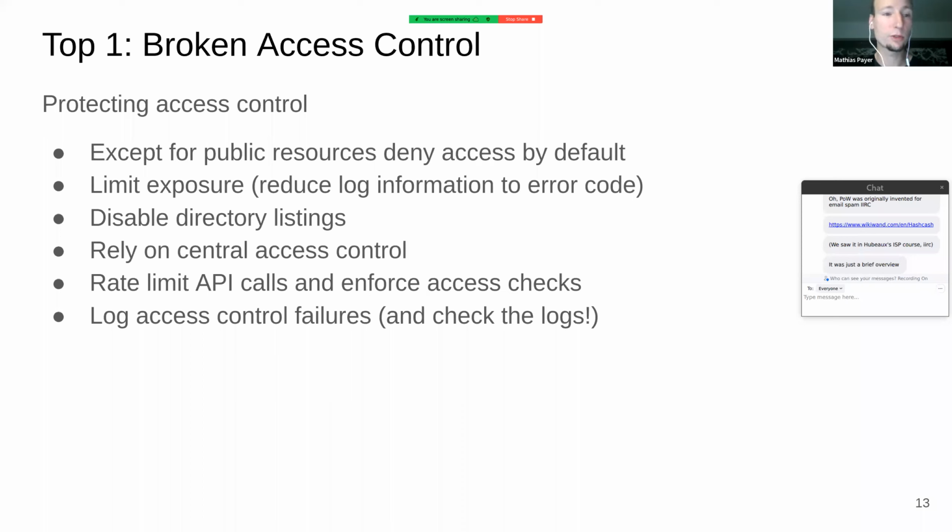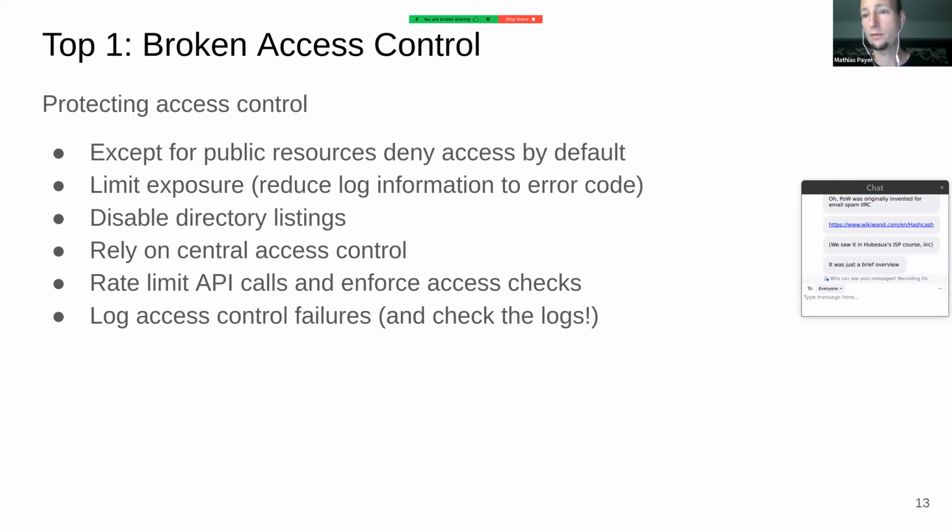You can limit exposure. So you reduce logged information to an error code. As in, if there's an issue accessing a resource, instead of giving a complete stack trace, you just give an error number to the user and you log all the information to a dedicated log that the developer can then look into.